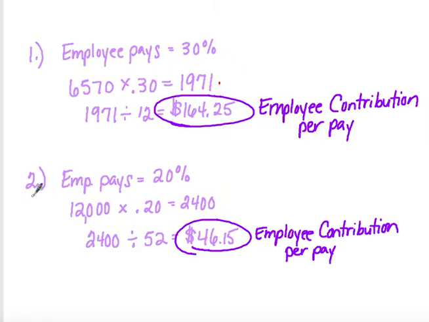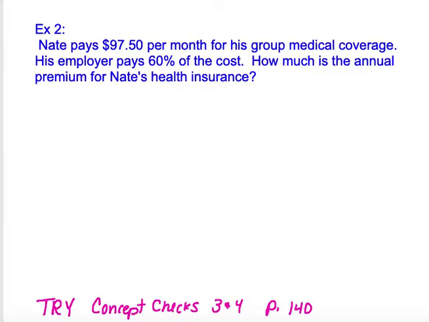For number 2, the employee pays 20% of the annual premium, which is 12,000 times 20%, an annual premium of $2,400 that's paid by the employee. So if I divide that into 52 pays, the employee gets $46.15 deducted every paycheck.